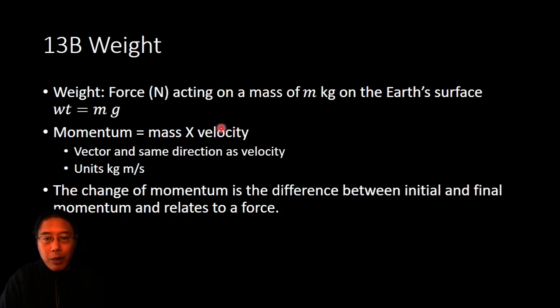Mass is in kilograms, velocity is in meters per second, so that is the unit. Usually what's interesting is the change of momentum, which is the difference between the initial and final momentum, and it has a linear relationship with the force exerted on the object.